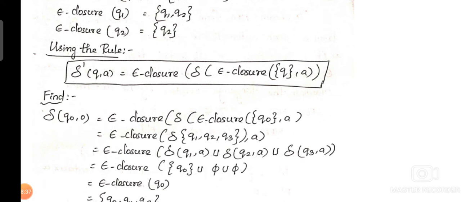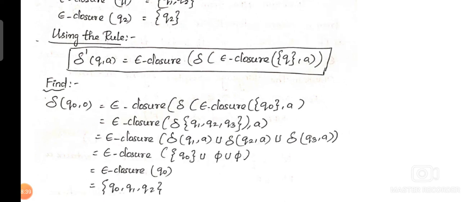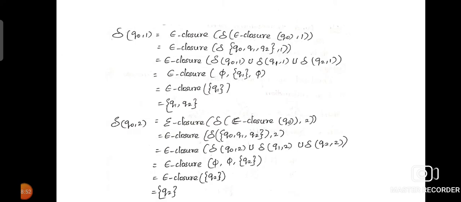And finally, we substitute the value from the previous epsilon closure definition. Similarly, we have to derive the delta functions for all the states.